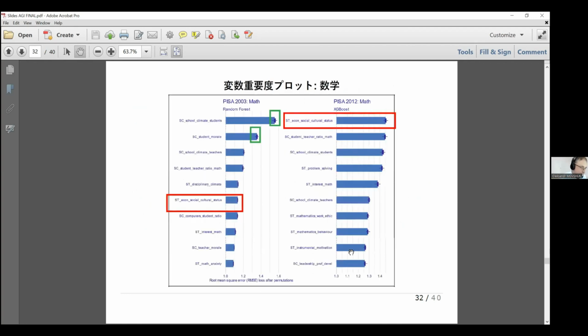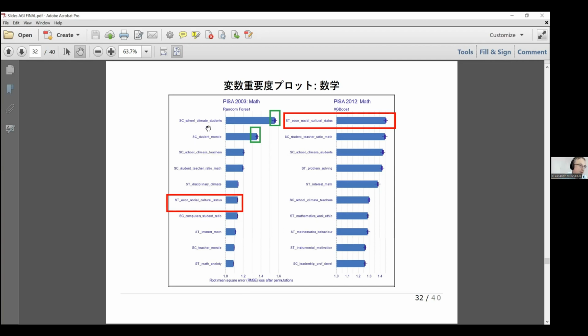And I show you the result for first mathematics, when it was a major subject, 2003 and 2012. And you can see that here we have ranking. So the most important variable in 2003 to explain academic ability in mathematics was the school climate as evaluated by students.